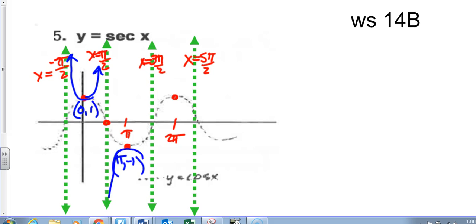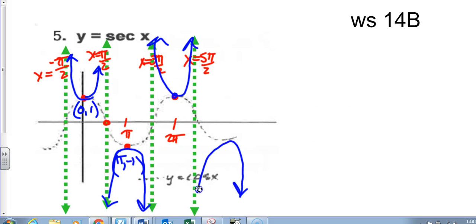Because the reciprocal at 1 or -1 is just itself. Okay, so it's exactly the same shape as cosecant, but if you graph the cosine graph first, and then you find all the zeros and put in the asymptotes, then you just flip all the little u's the other direction.